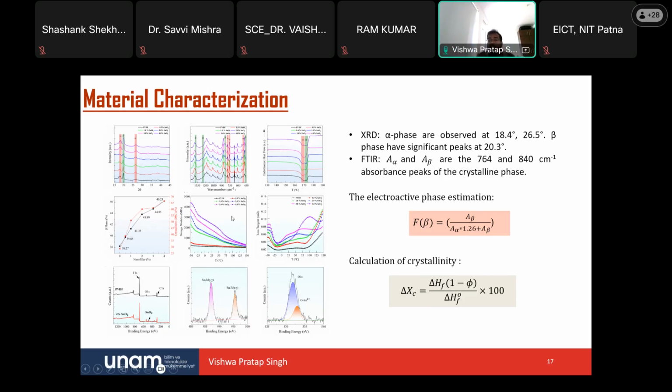So I was also talking about the crossover point. This is for pure PVDF based material, not for the CP and PC. I should have shown this, but somehow I could not. So here, once we have seen, as soon as we are reinforcing more amount of SnO2, we are getting higher storage modulus.